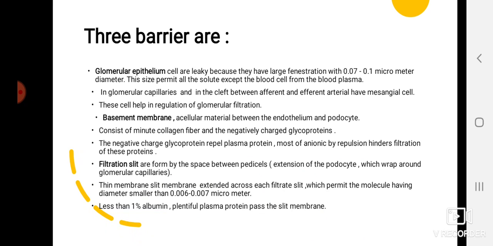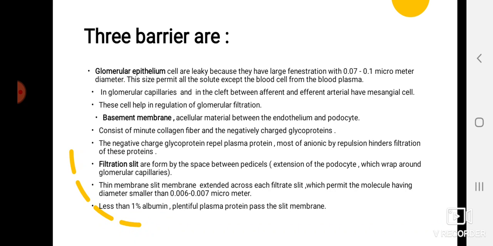The negatively charged glycoproteins repel the plasma proteins, because the proteins are also negatively charged in nature. So these proteins are repelled.